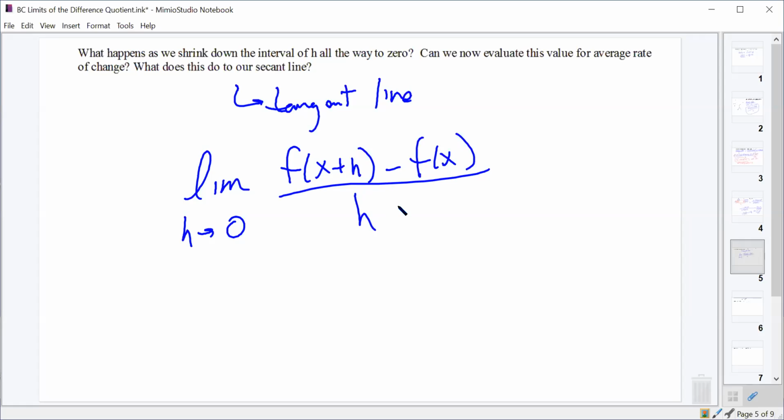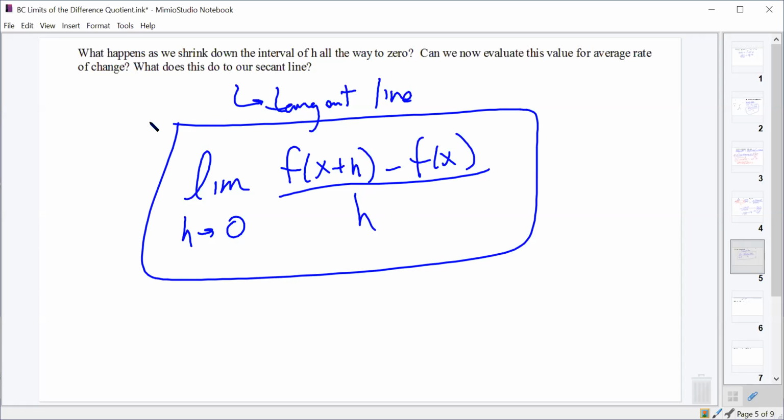And as we know, that's the slope of the tangent line at any given point at x. And this is the derivative of a function, right? Everybody good with that? This is where the derivative, which is the slope of the tangent line, comes from. Hopefully so.